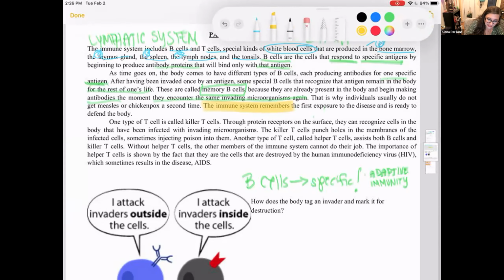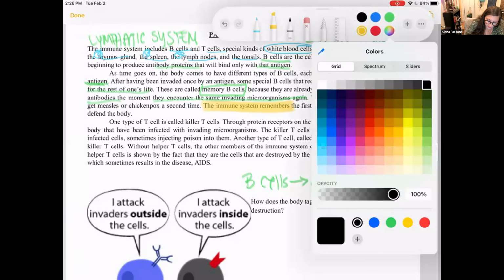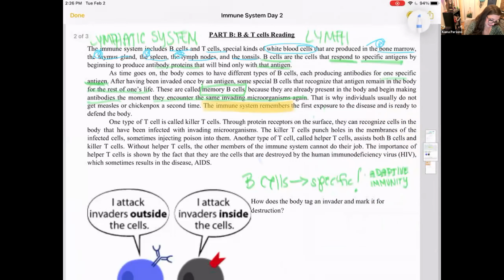The T cells can tell that this is infected. Okay? They can tell when a body cell has been infected with invading microorganisms. But this is not a specific response. Instead, they detect merely infection, merely that there's a problem. And what do they do?